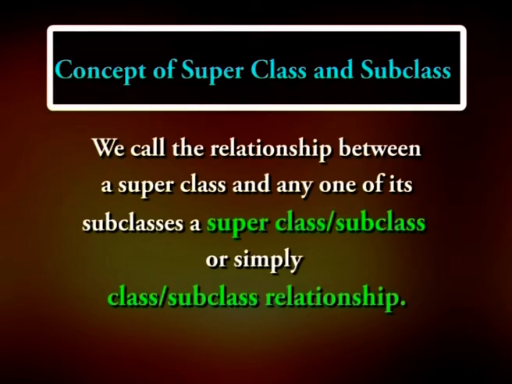We call each of these subgroupings a subclass of the employee entity type, and the employee entity type is called the superclass for each of these subclasses. We call the relationship between a superclass and any of its subclasses a superclass/subclass, or simply class/subclass, relationship.